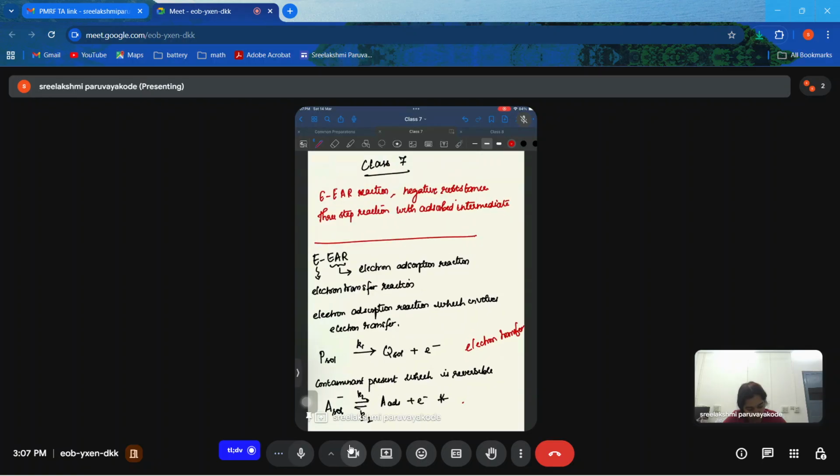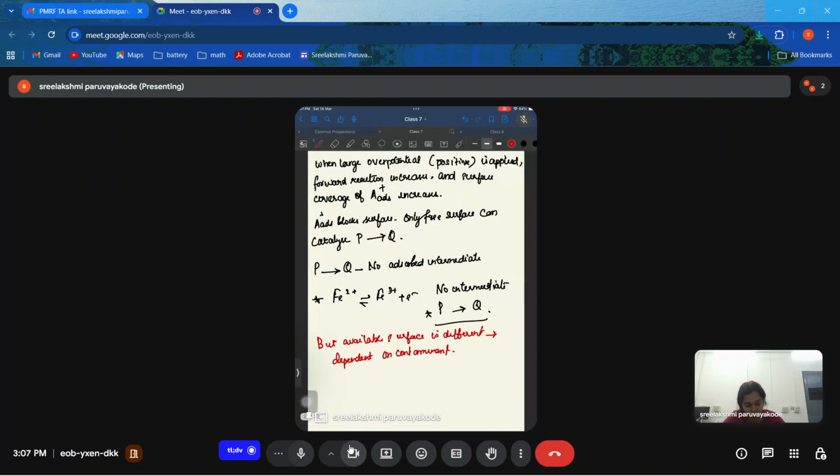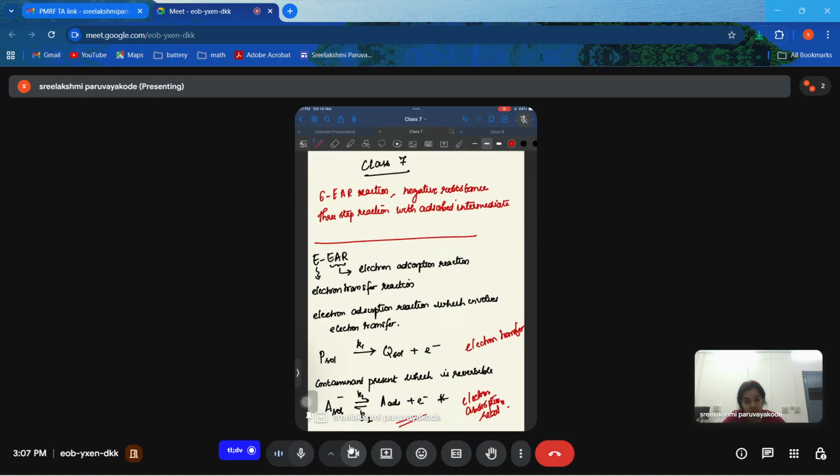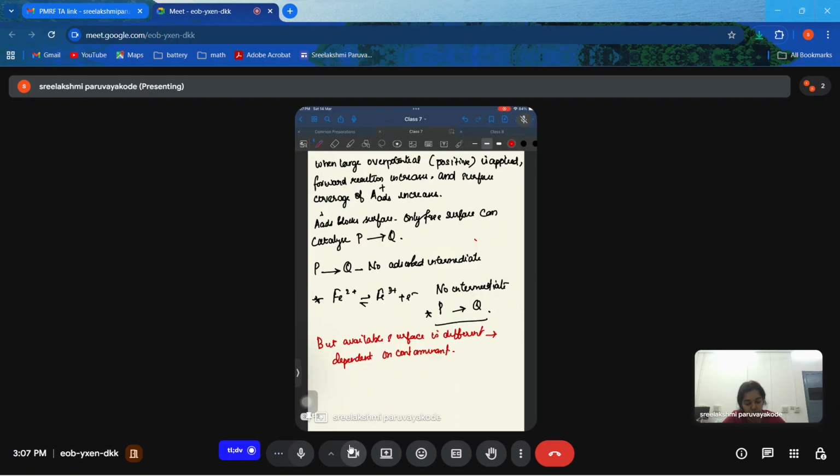So this is the electron absorption reaction. When large overpotential is applied, the forward reaction is happening, and this also means that the surface coverage of the absorption, as in this reaction, will be increasing.